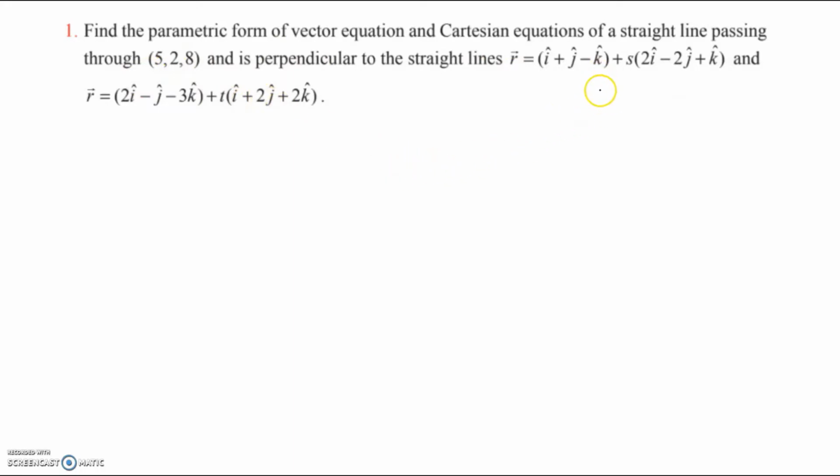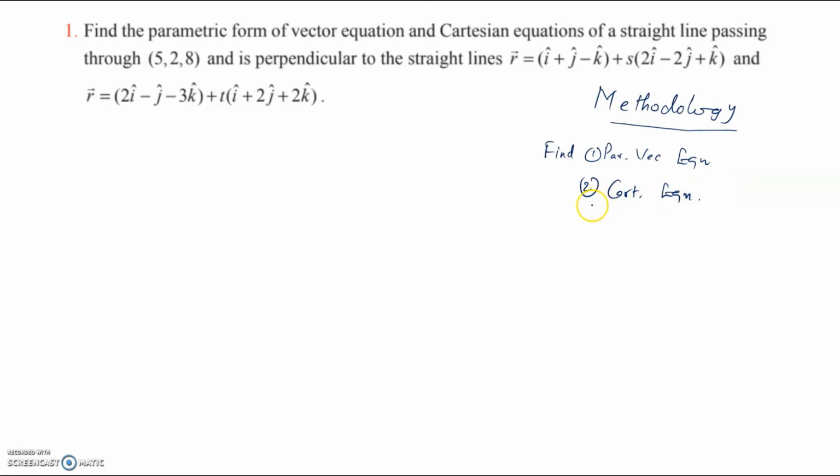So, let's see the methodology that we will follow here. This is just an overview for your understanding. What we're going to do is, we need to find first the parametric vector equation, and the second is the Cartesian equations of a line passing through this point.